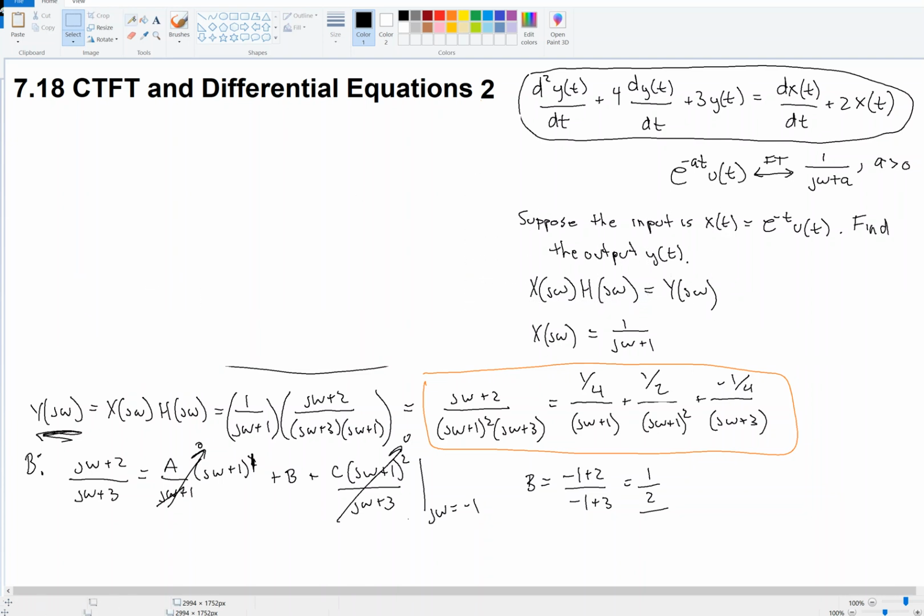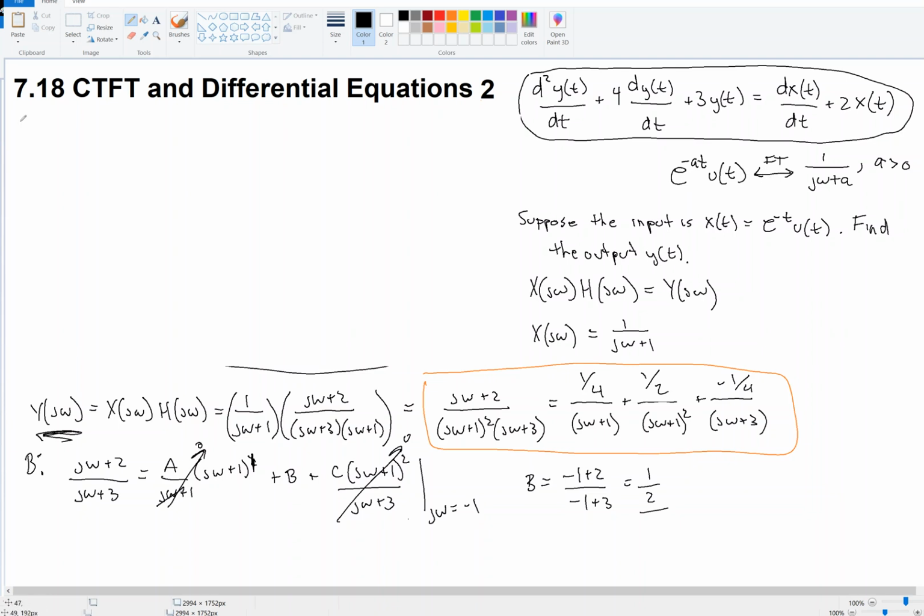And now, with an expanded Y spectrum, we can use linearity to consider each piece separately and forget about the constants, and then we can apply this common Fourier transform pair.